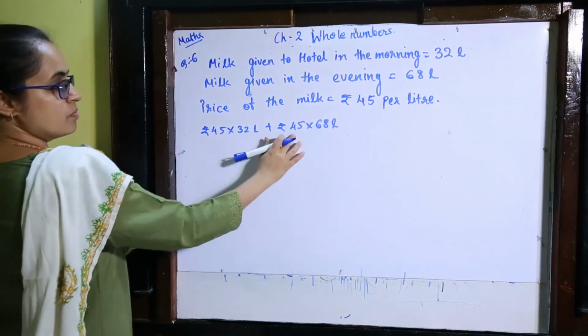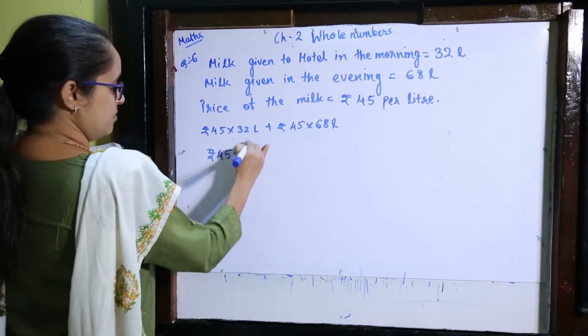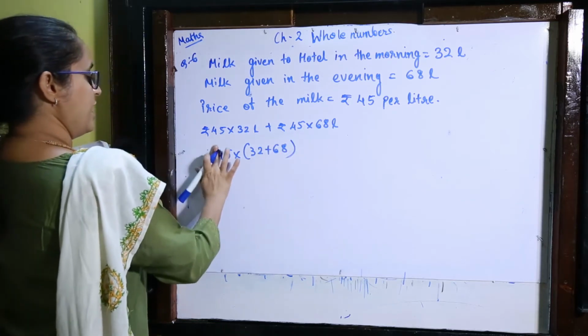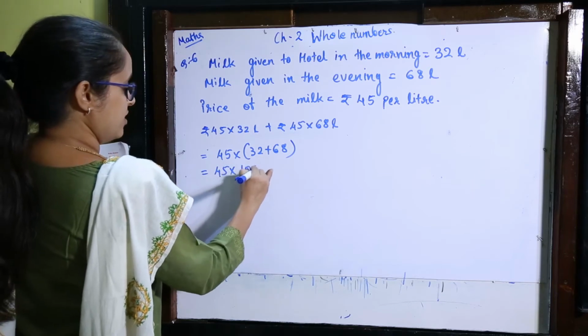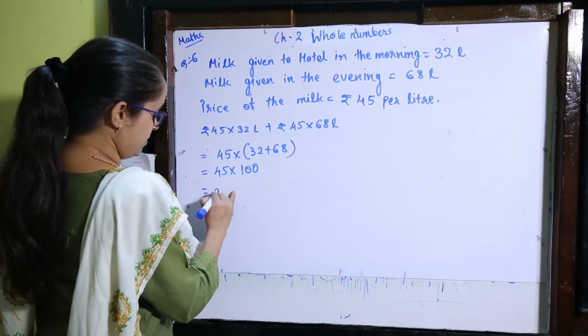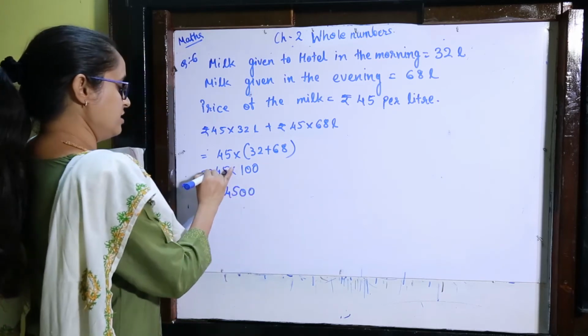Now here in both, rupees 45 is common, so you have to take it out, multiply by 32 plus 68, and that is 45 multiply by 100. 68 plus 32 is 100. So rupees 4500 is the answer.